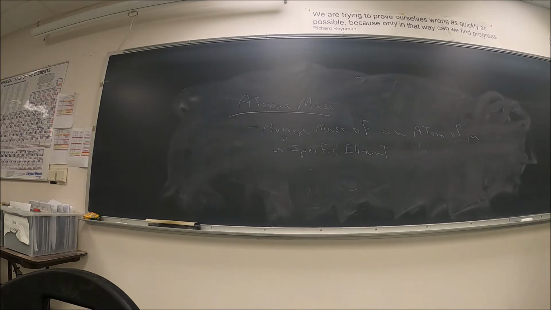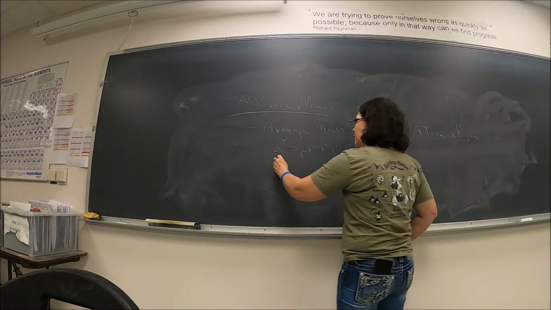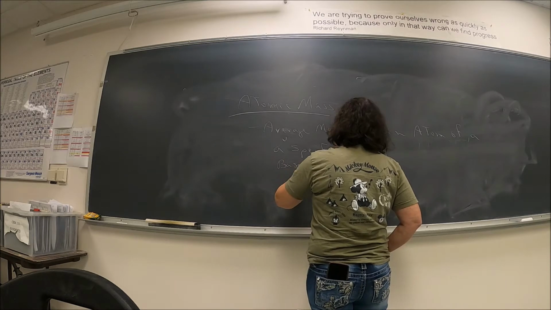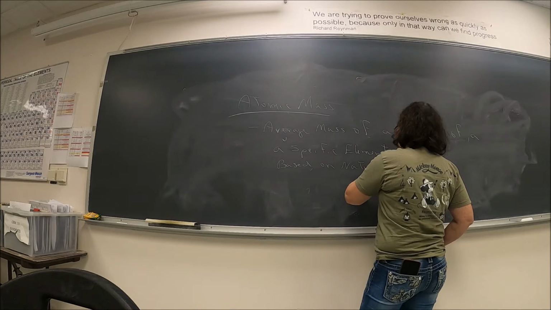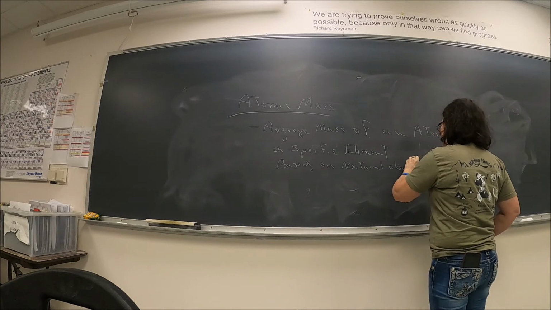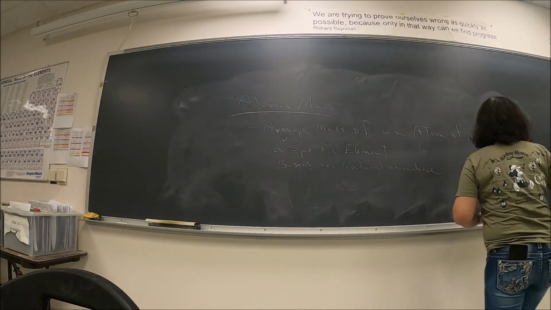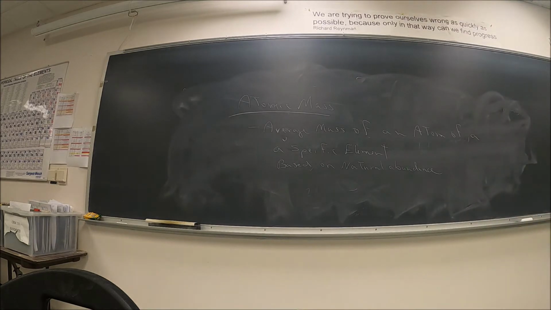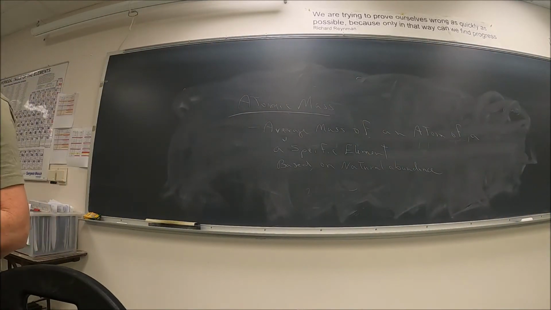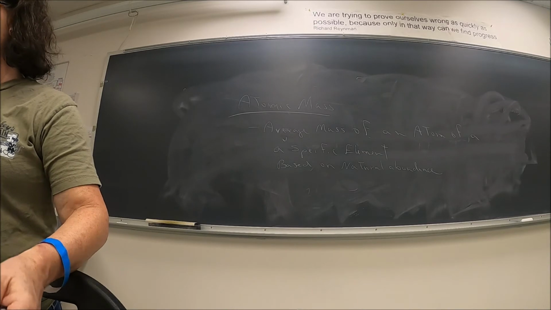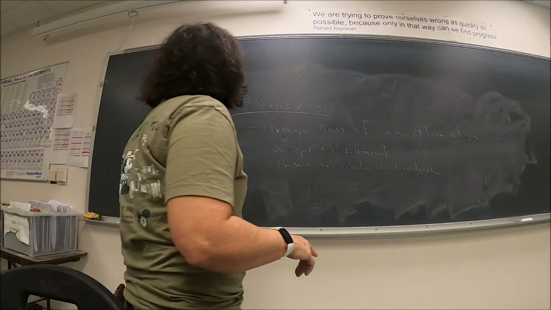And it's based on natural abundance. So, what percentage of the overall number of that element do we find? Okay, so we're going to look at an example problem of calculating an atomic mass based on an isotopic mass.